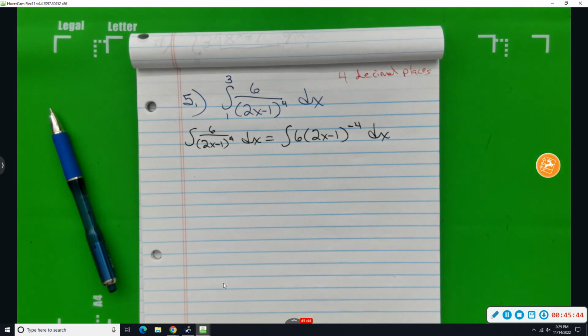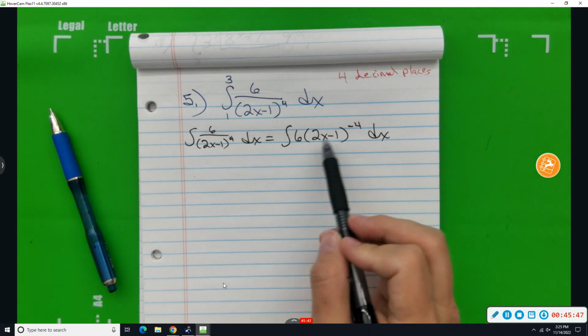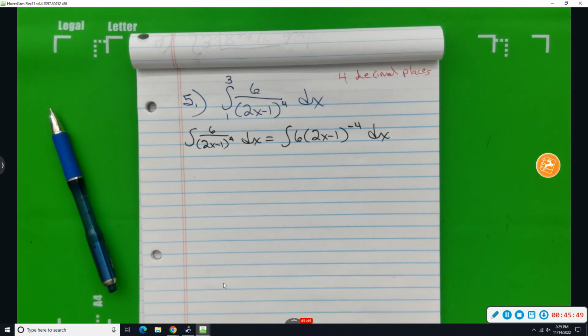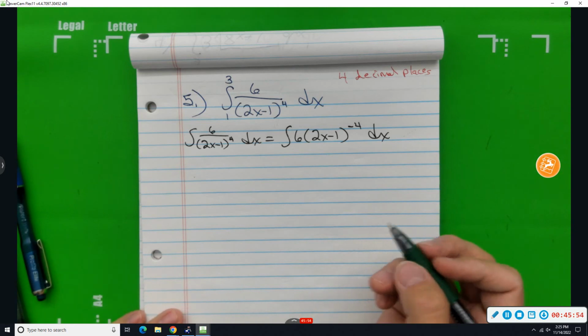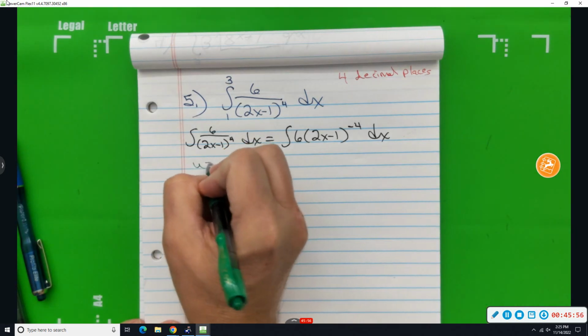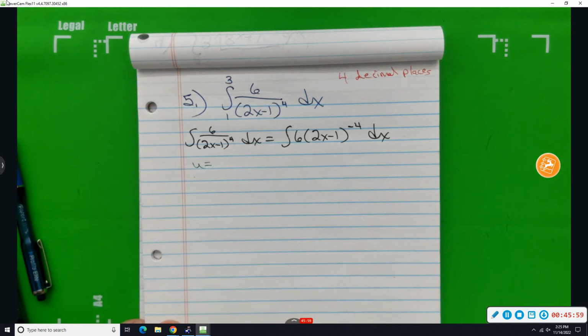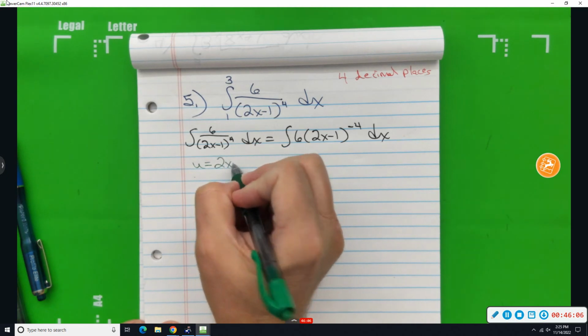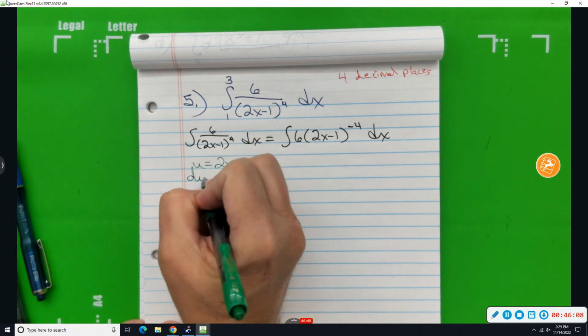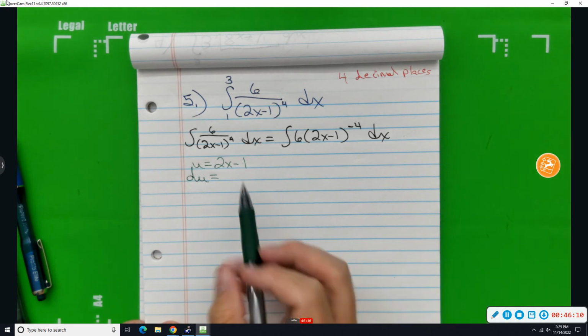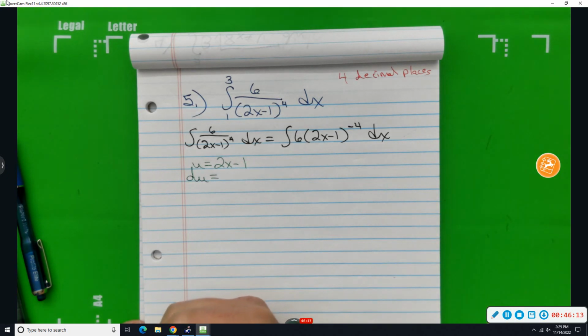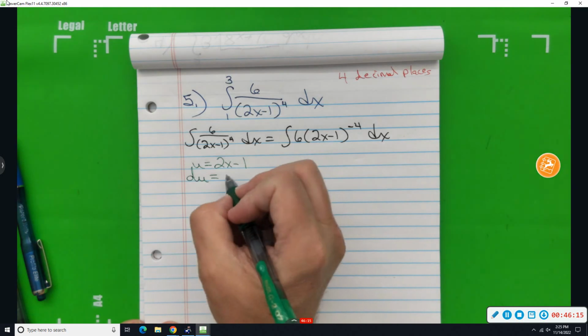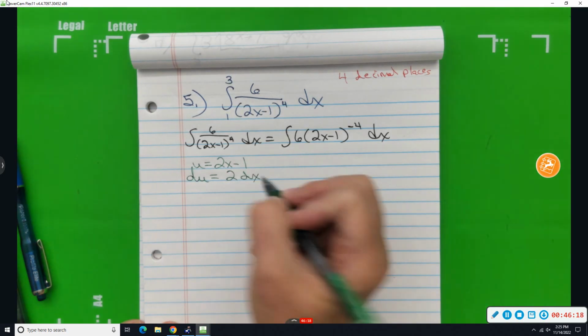And then we have a quantity raised to a power. We're going to have to use one of those other techniques of integration. This is the same one we just used, the U-substitution technique. Let u equal the quantity raised to a power, 2x minus 1, and then du is equal to the derivative of 2x minus 1, which is 2 times dx.